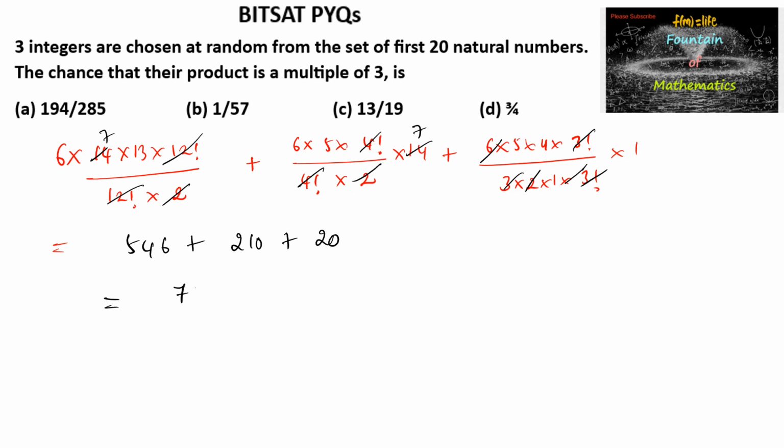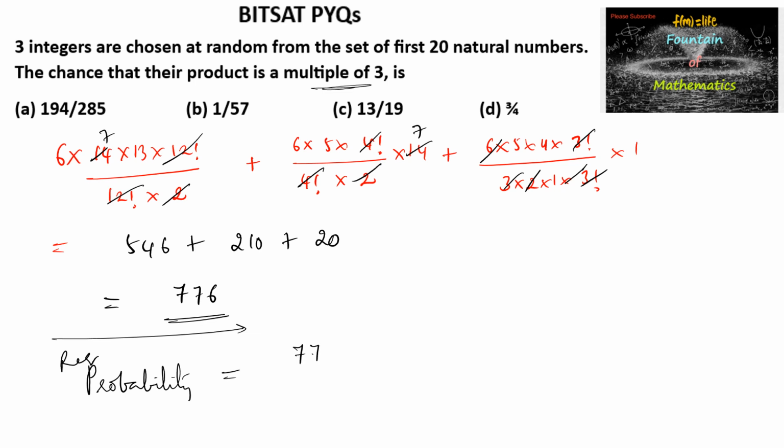So we can write 776 is the number of possible ways, and hence the chance that it is a multiple of 3, that means the probability. Required probability we can write 776 out of the total, which is 1140.